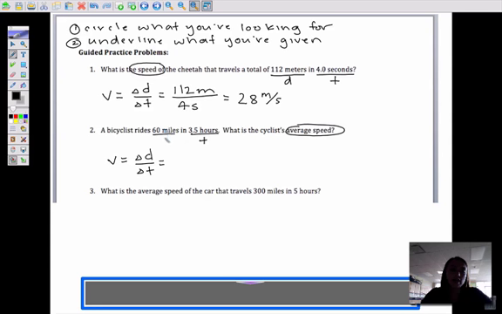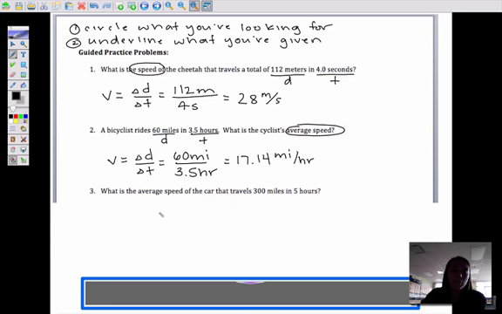And I know miles is a distance, or length, so I'm going to mark that as my D. Now I'm going to plug these numbers into the formula I chose. So if I have 60 miles traveled in 3.5 hours, I would have an average of 17.14 miles per hour.